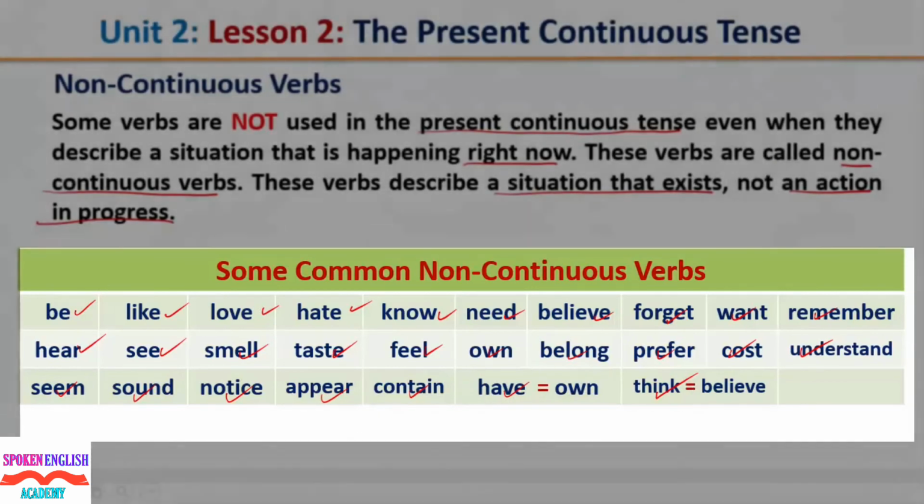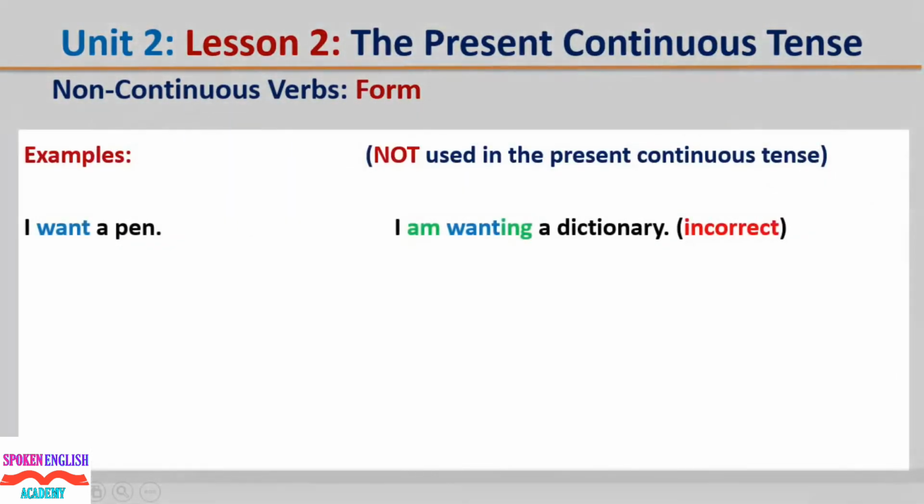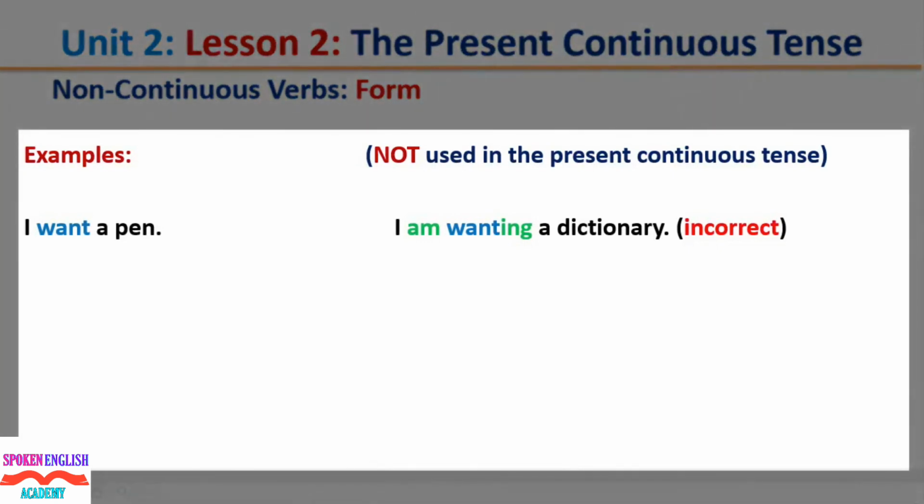Let's take a look at the examples. I want a pen. This verb here, the verb want, is a non-continuous verb. So this verb cannot be used in the present continuous tense. So this sentence is incorrect. Why? Because here it is used in the present continuous and this is wrong.